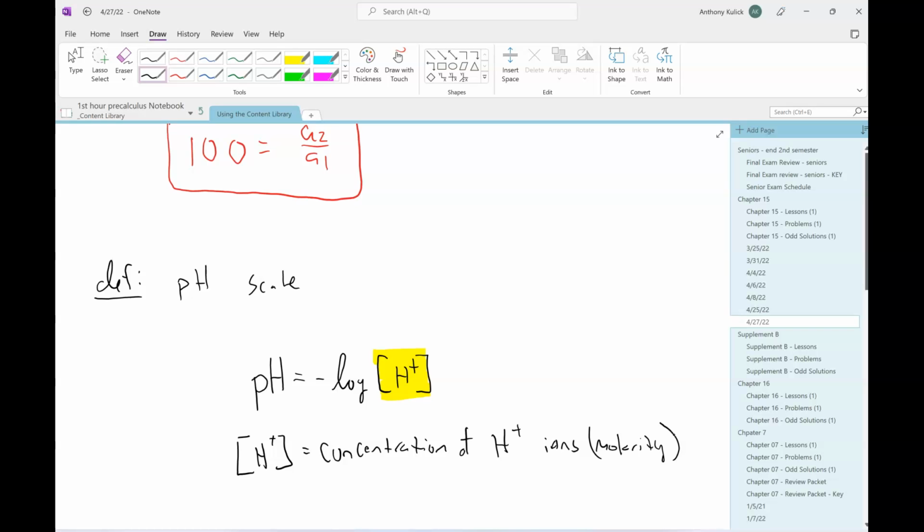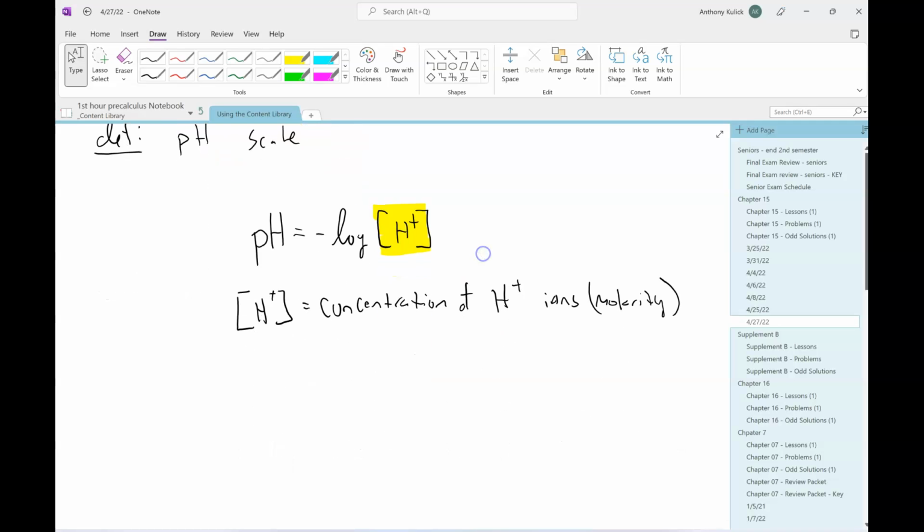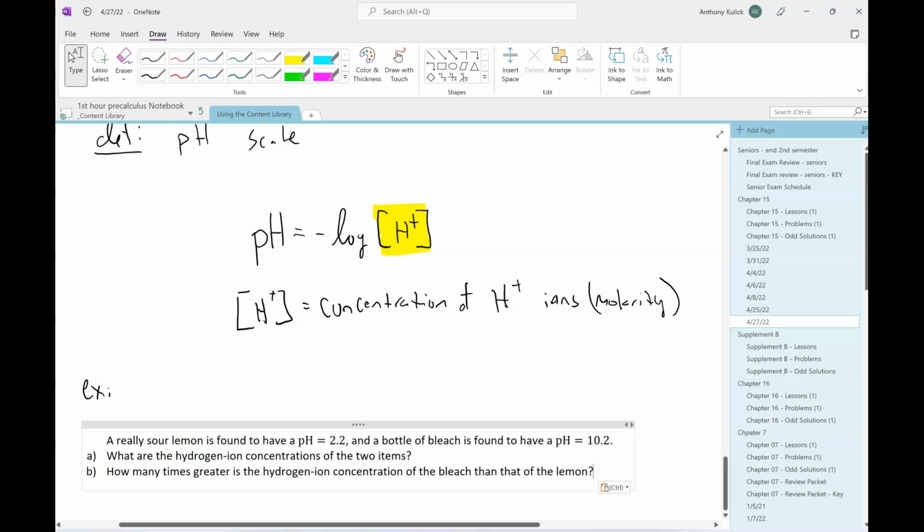Or maybe it's molality, probably not. But again, the pH scale is another one where something with pH 4 is 10 times as acidic as something with a pH of 5, right?